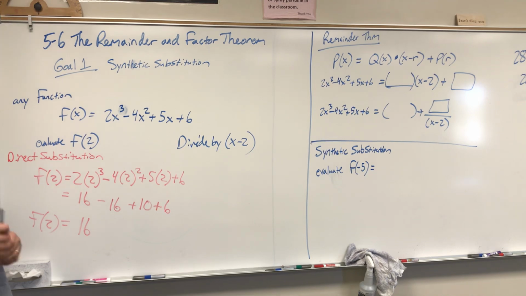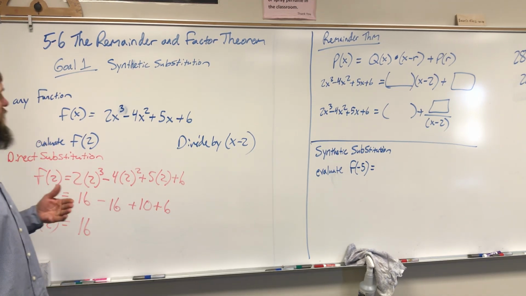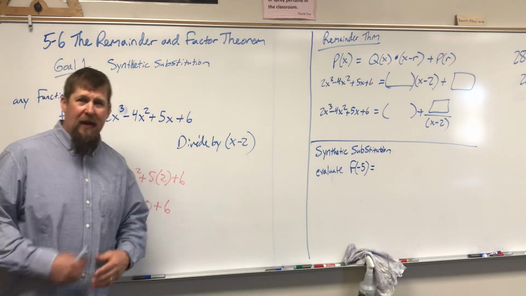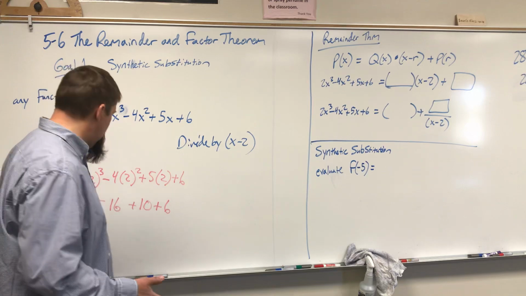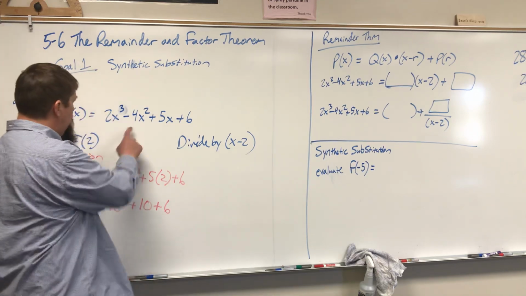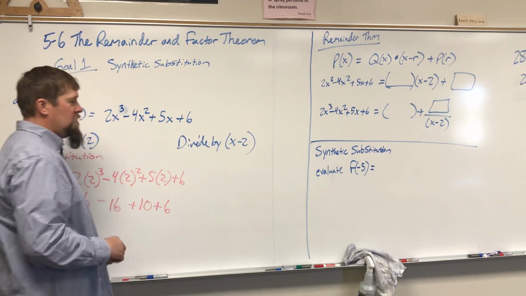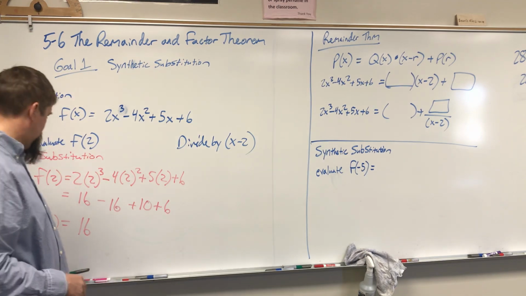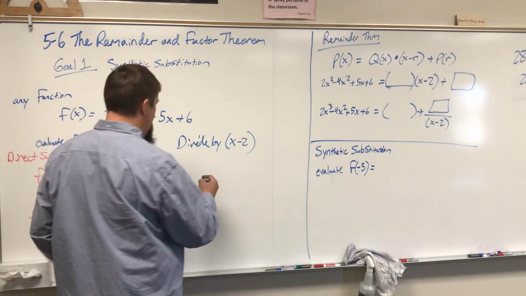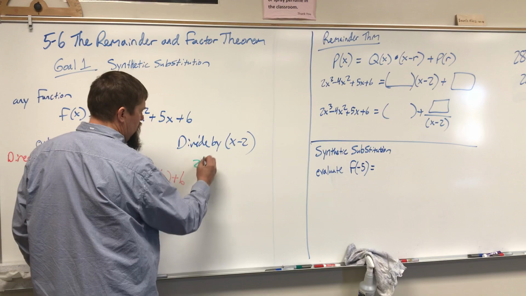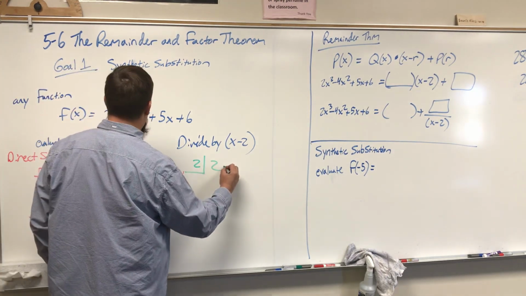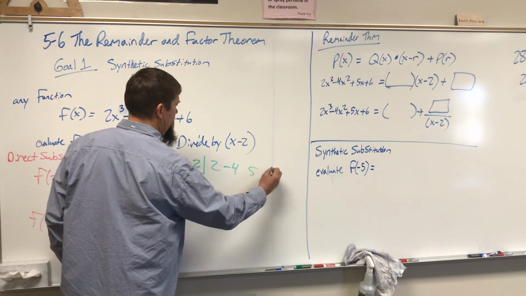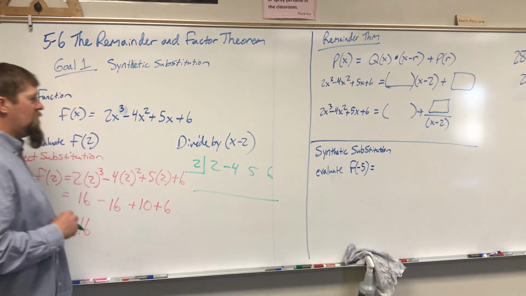Now, let's say instead of evaluating 2, we want to divide by x minus 2. Let's divide this polynomial by this using synthetic division. I put in positive 2 here, I put in the coefficients 2, negative 4, 5, and 6, and I go ahead and evaluate.